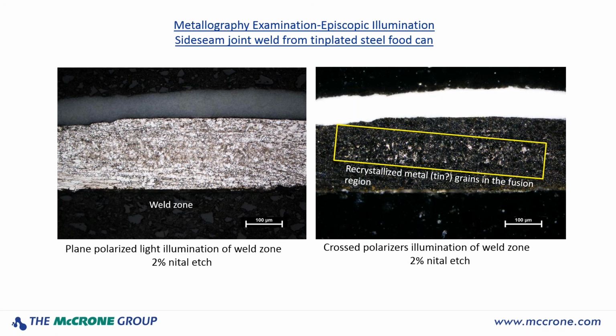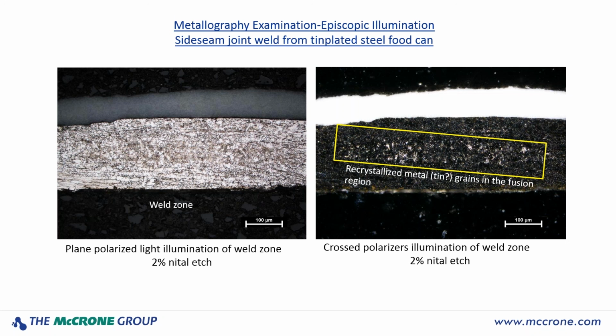But I want to draw your attention to what's happening within that yellow box. We can see that there's evidence of recrystallized material in that fusion region of the weld. This is where the two overlapping pieces of the tin plate have been melted and welded together.